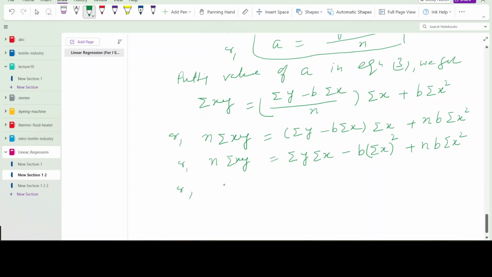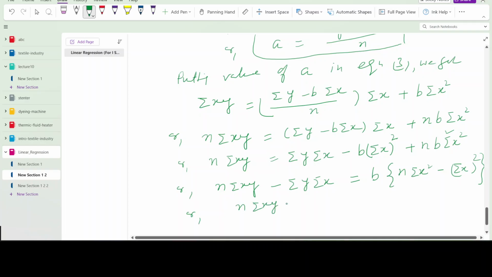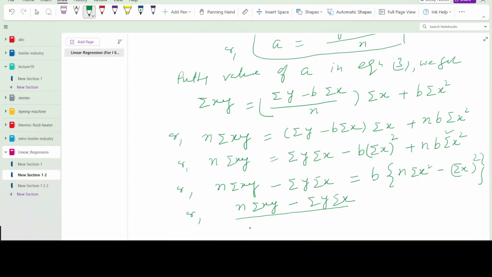Take n sigma xy minus sigma y sigma x is equal to, take b common here, n sigma x square, this term, minus sigma x whole square, and n sigma xy minus sigma y sigma x divided by this whole term, n sigma x square minus sigma x whole square, this will be equal to b.